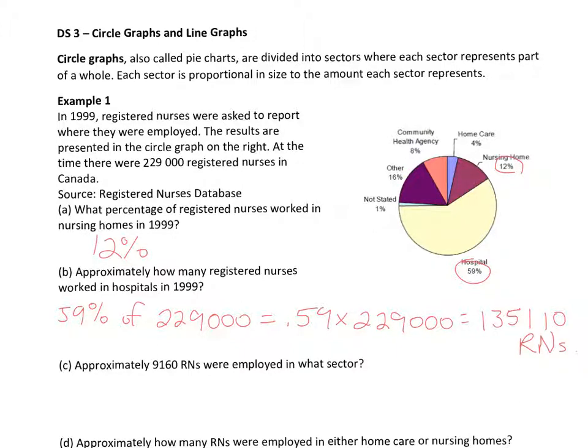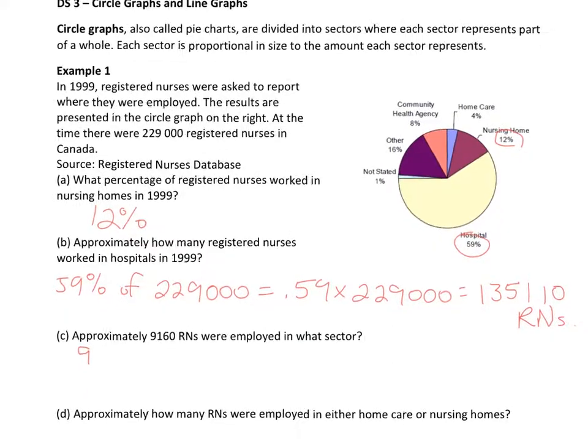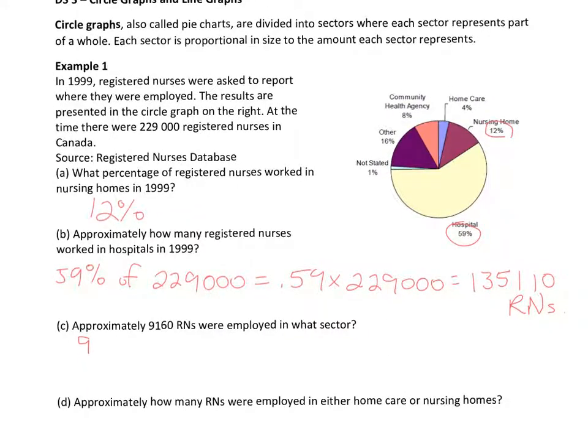Let's look at question C. It asks approximately 9,160 RNs were employed in what sector? And again, we can't get the answer to this question directly by reading the graph. Instead, we have to figure out what percent is 9,160 RNs. So we'll divide 9,160 out of the total number of 229,000.